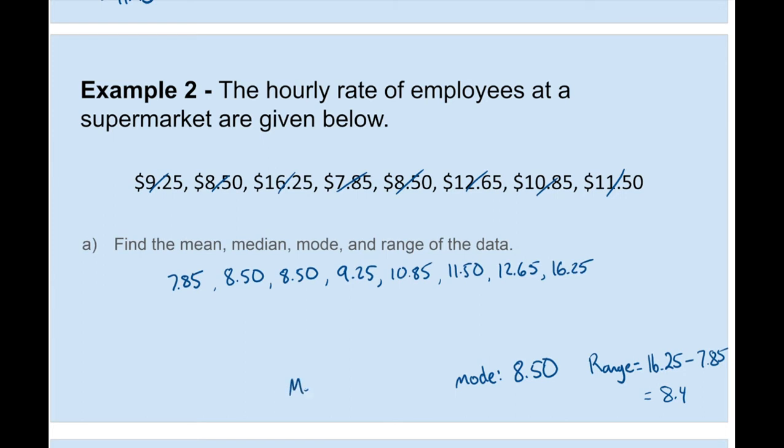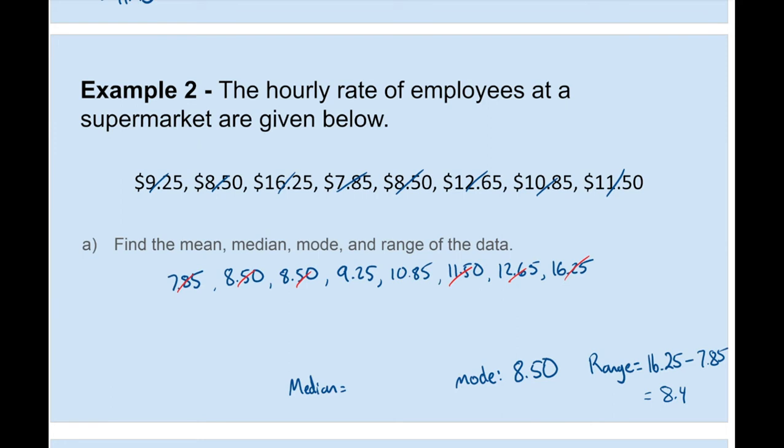Our median is again going to be in the middle. So we have 1, 2, 3, 4, 5, 6, 7, 8. We have 8 values. So in this case, when we go through and we cross off one on each end, we find that we're left with 2 middle values. And again, we could have determined this because we have an even number of data points, so we're going to end up having 2 middle values.